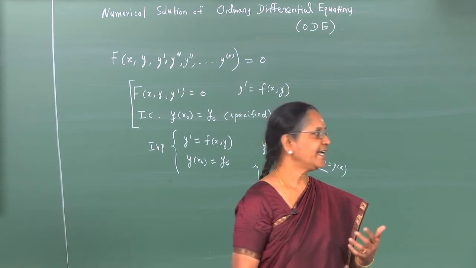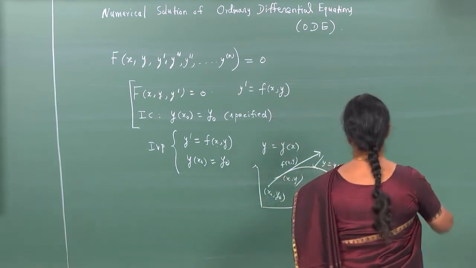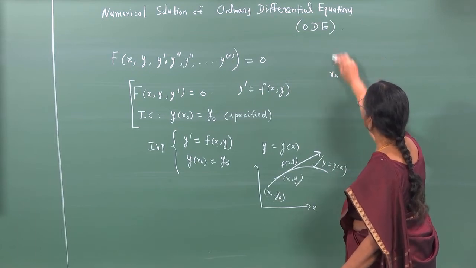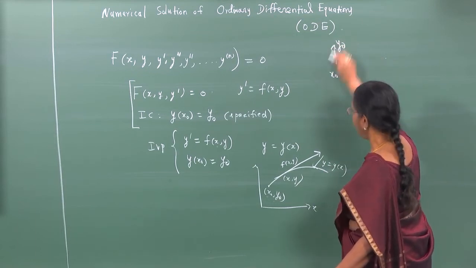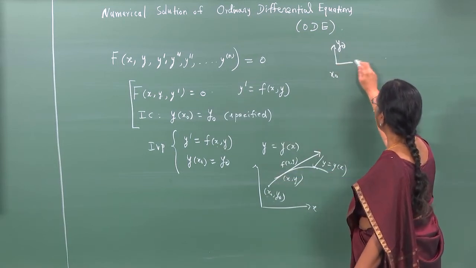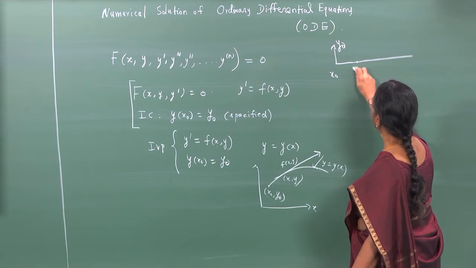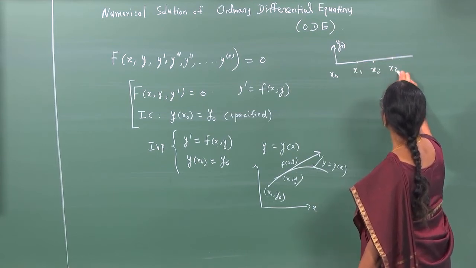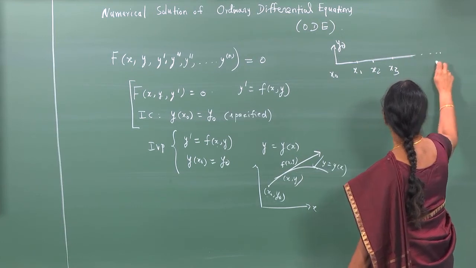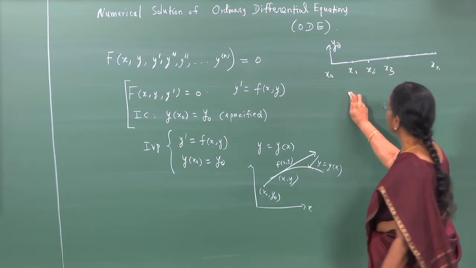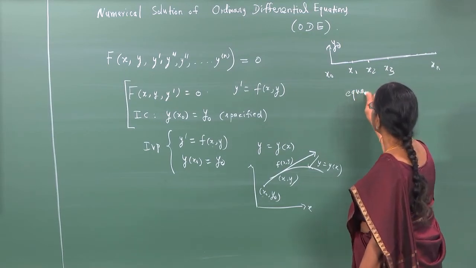Essentially, we would be getting the solution at a set of discrete points, say x naught, the solution is already known, namely the curve passes through the point x naught, y naught. So, I will be moving ahead and determining the solution at a set of points, say x1, x2, x3, etc., say xn, where these points are equally spaced.